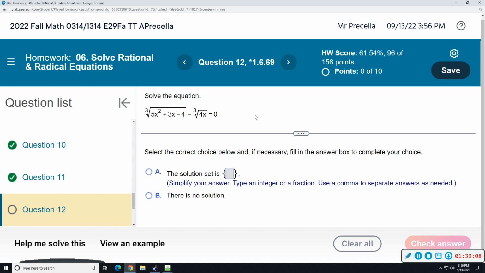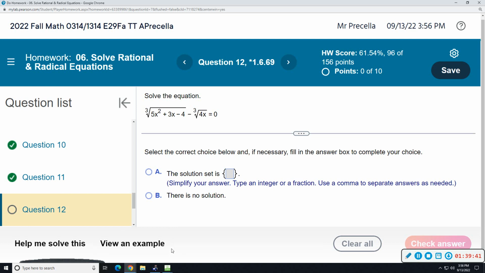But we just have to define what they mean by a fractional exponent. The cube root of 5x squared plus 3x minus 4 minus the cube root of 4x is equal to 0. Make sure I didn't miscopy it.